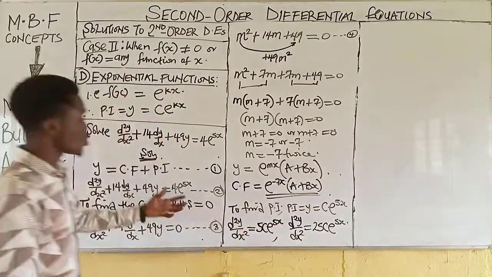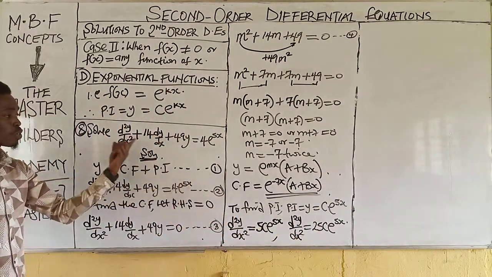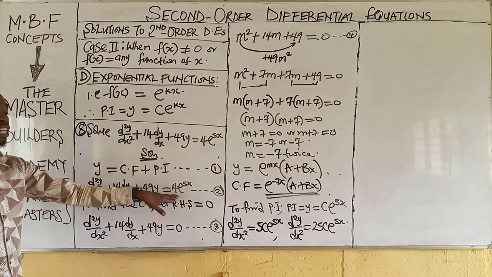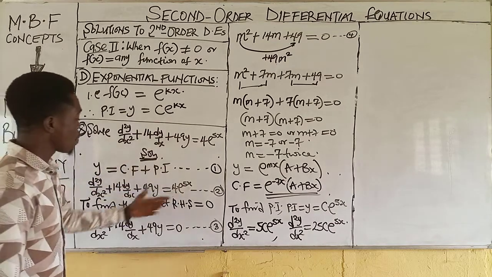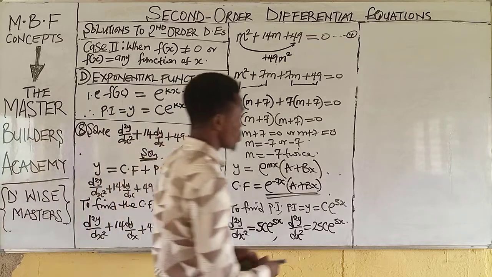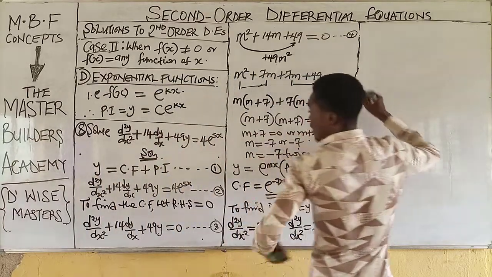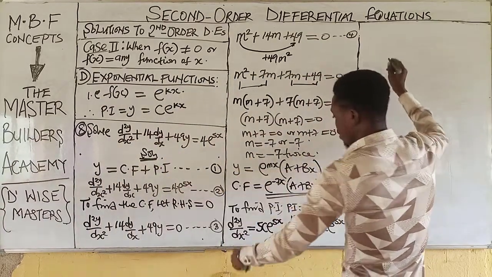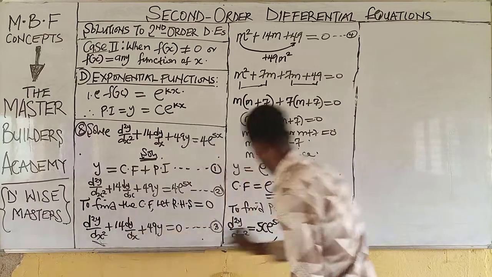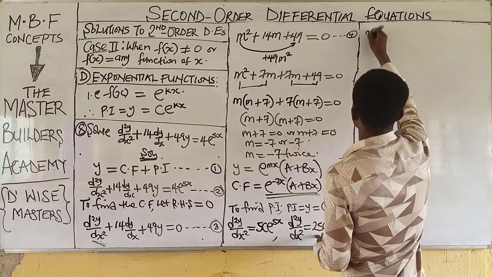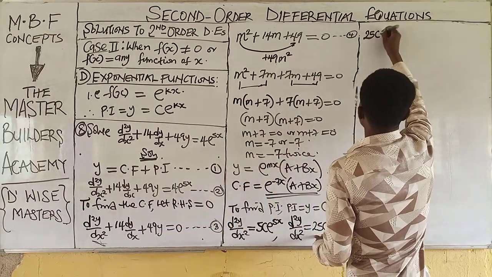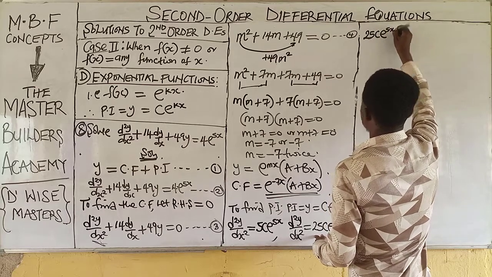Now that we have obtained y, dy/dx, and d squared y over dx squared, all we need to do is to substitute those values into the given equation that we typed as equation 2. And when we have that done, we will be able to obtain the value of c. So now, in place of this guy, we will replace it with 25c exponent 5x.